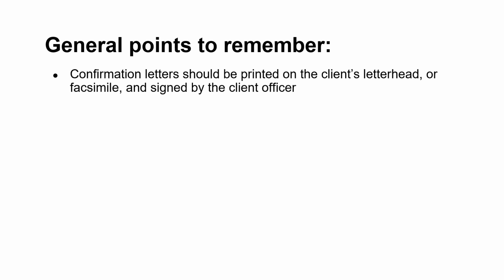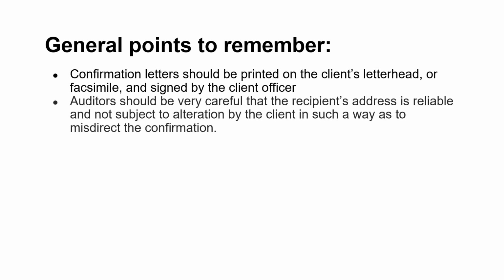Remember that in the case of AR, the customers of the client are not doing business with the auditor. For all intents and purposes, they do not know the auditor. And so it should be the client who will write the letter to them. Use the client stationery, the client's facsimile or email, and let the client sign it.